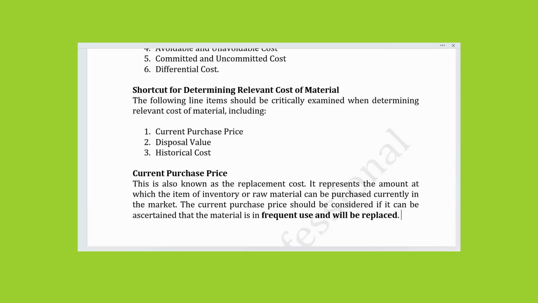So the price at which you are going to buy the material in the market is what is known as current purchase price. Usually in that scenario, the examiner will tell you that this project will require material XYZ, and this material is in frequent use and can be purchased at so much price currently in the market. That's the way the examiner will give it to you. So you should know that you are going to use it.